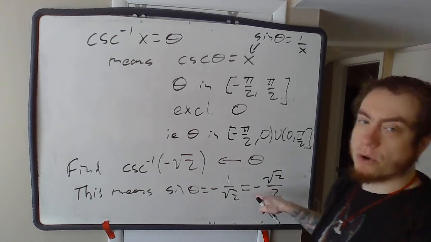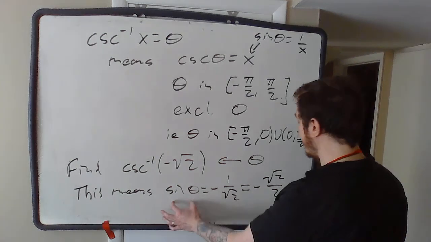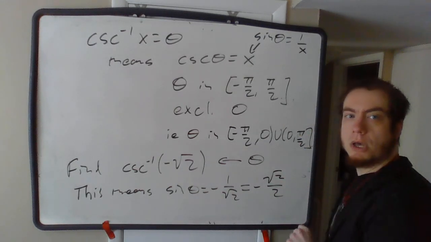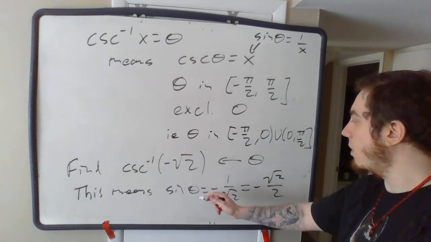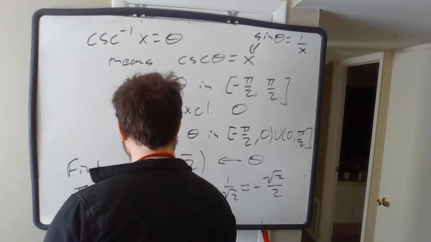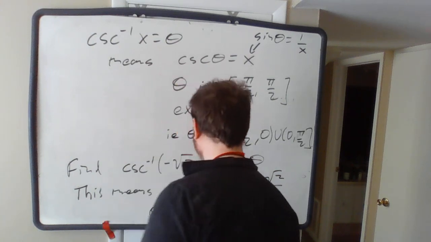And what is an angle between minus pi over 2 and positive pi over 2 whose sine is negative square root 2 over 2? I want to see if you can come up with that angle. Well, the answer is theta is equal to minus pi over 4.